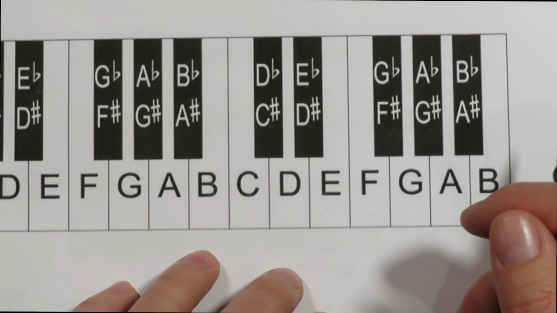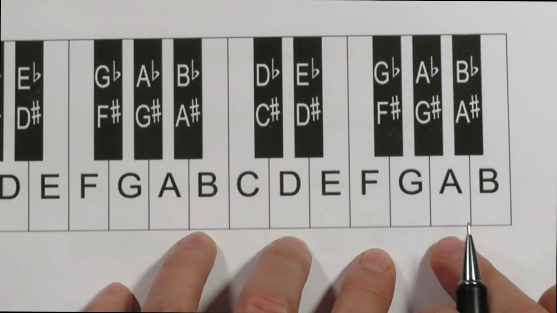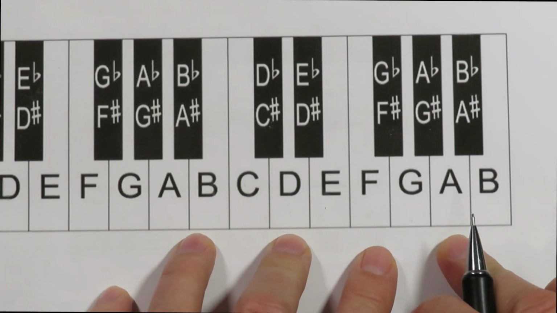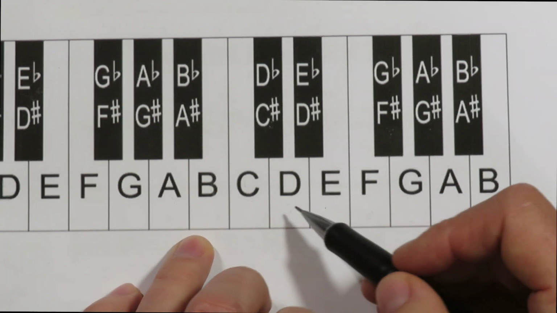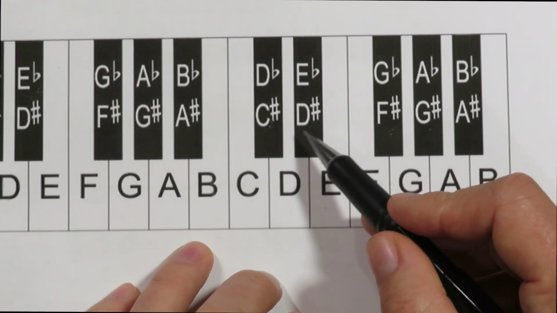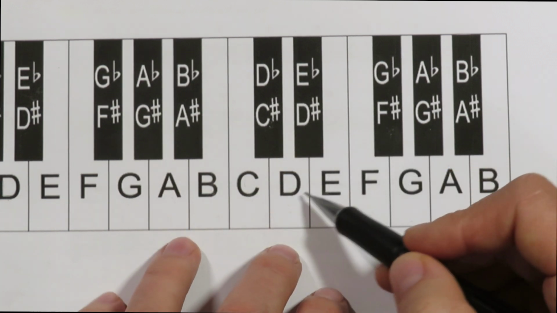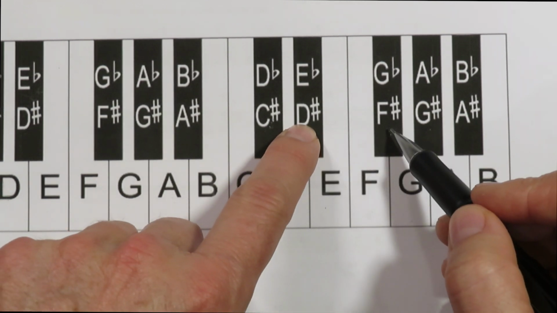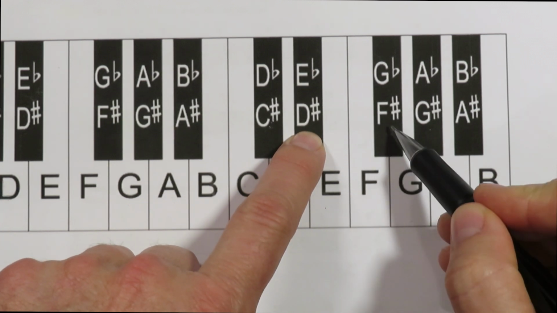Okay, so we have B, D, F, and A. So build a major triad. We need B to D sharp, right? Whole step, whole step. B to D sharp is a major third. D sharp to F sharp is a minor third, right? 1, 2, 3 half steps.